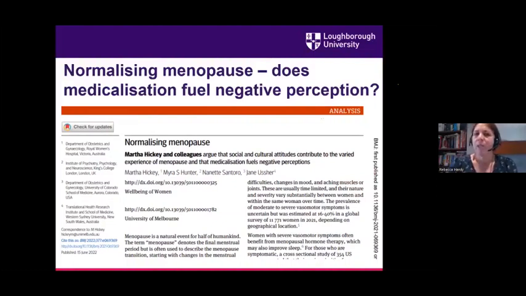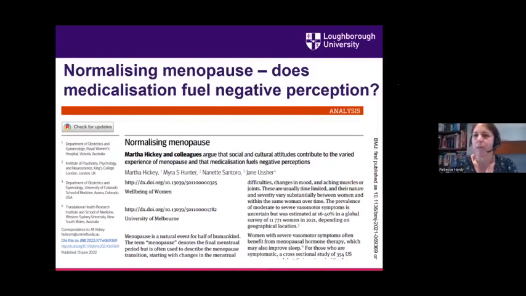However, I think there is also a danger that we talk about the negative impacts, and a lot of the narrative is all around treatment of menopause and treatment of menopausal symptoms. But I hope I've shown that some of those health effects that we see at menopause may not be directly related to menopause. And as you saw from the subgroup analysis, there are some women who don't suffer symptoms very much during the menopause.